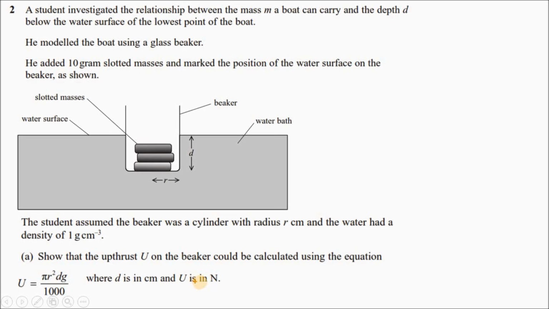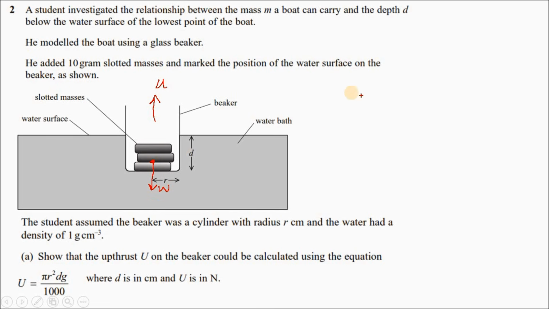So clearly the situation is when you put the mass, the weight of the mass acts down, which is W, and upthrust acts on the beaker in the upward direction. Because the beaker is floating, that means upthrust is equal to weight.